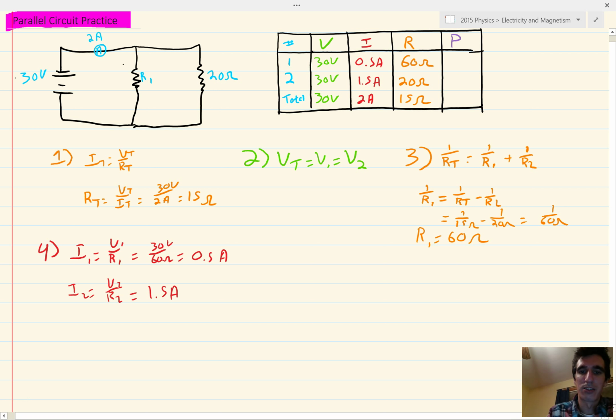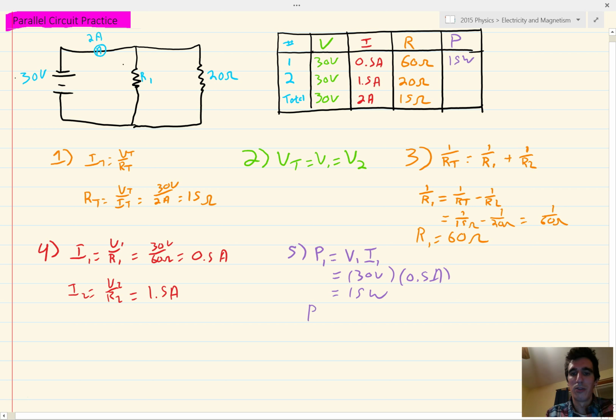Alright, last step. Calculating the power, same exact thing as a series circuit. Multiple formulas. I'm going to do P is equal to V times I. In this case, across resistor 1, V1 times I1, which is equal to 30 volts times 0.5 amps, which gives us 15 watts.